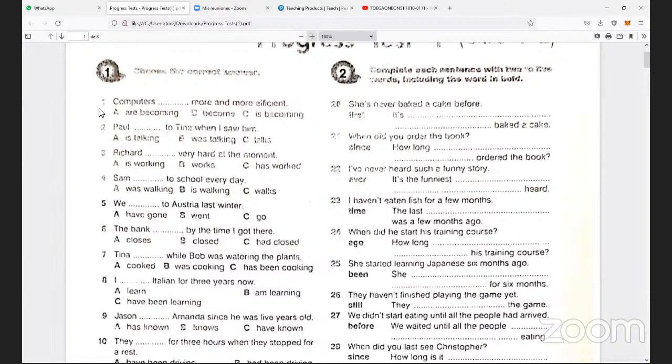Number 1, computers. Computers become more and more efficient. Very good.